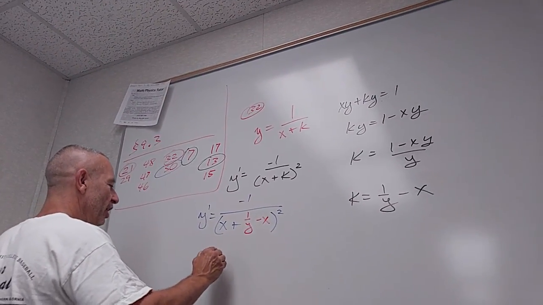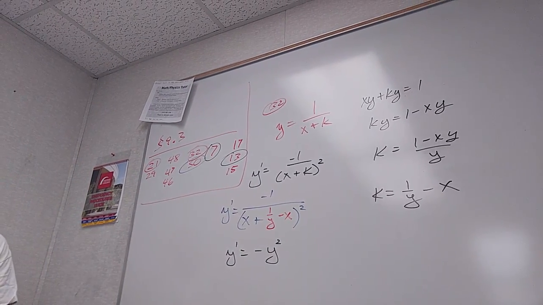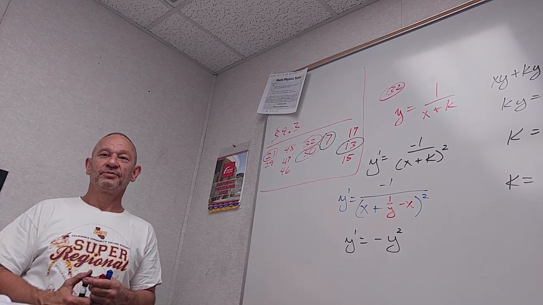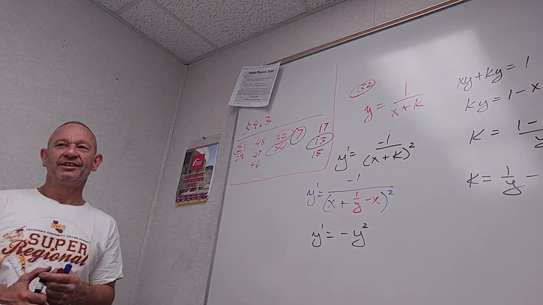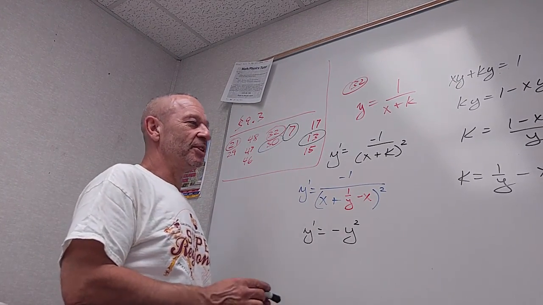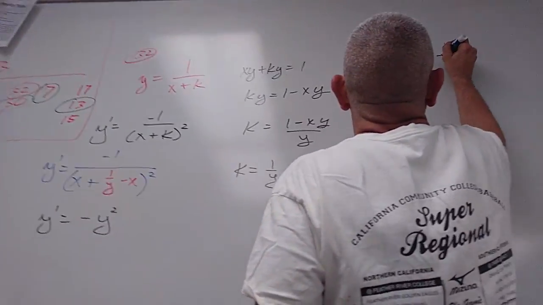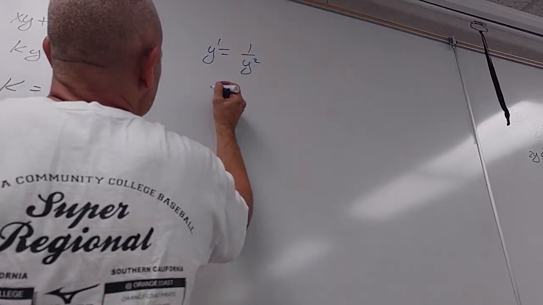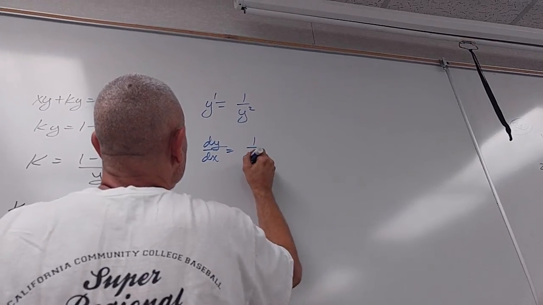So y prime is minus y squared. Is everybody okay with that? So the orthogonal y prime is positive 1 over y squared. Or in other words, dy dx is positive 1 over y squared.